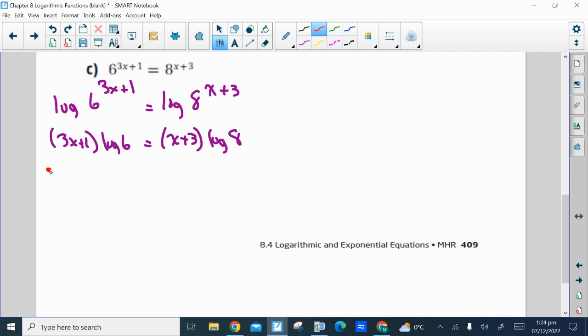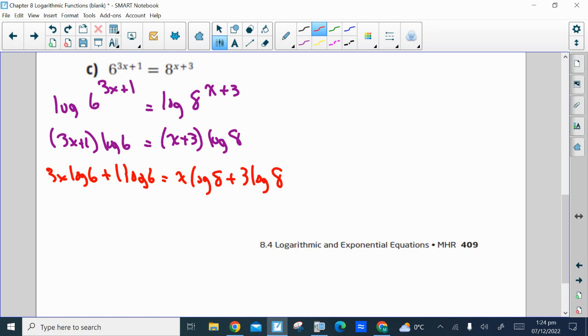So I'm going to multiply out the brackets on both sides. Now remember, we're trying to find out what x is.